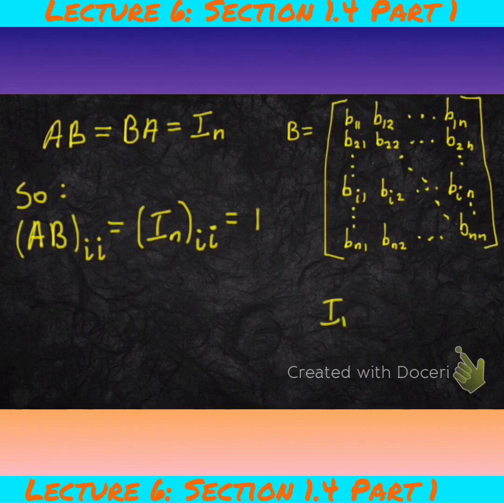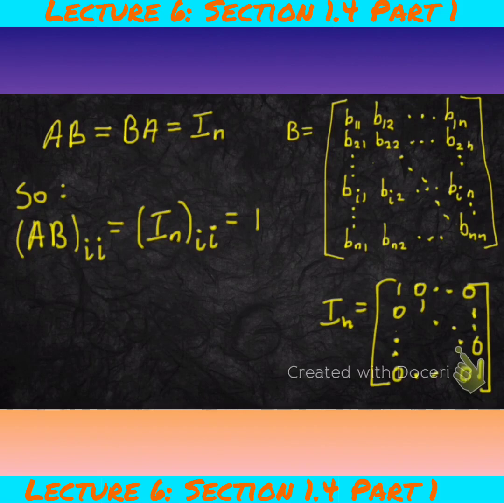Because as I said, In is this matrix here. It's the matrix that's got ones on the diagonal, and it's got zeros everywhere else. Okay, there is my identity matrix, and the entry in the ith row and the ith column of that matrix there.